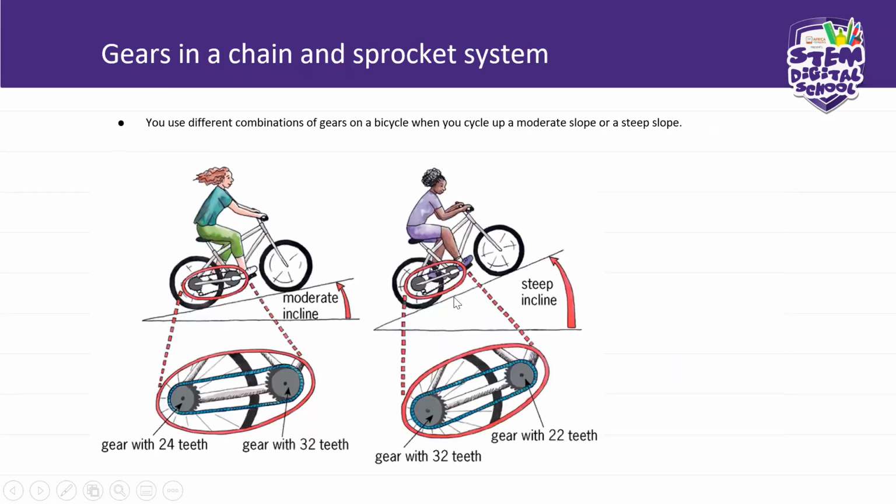So for this, you need force. Do you have high speed on a steep incline? Do you have high output force or high speed? Grade 8. On a steep incline, do you have high output force or do you have high output speed?